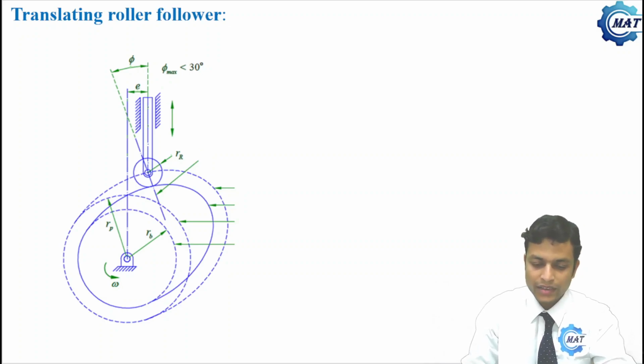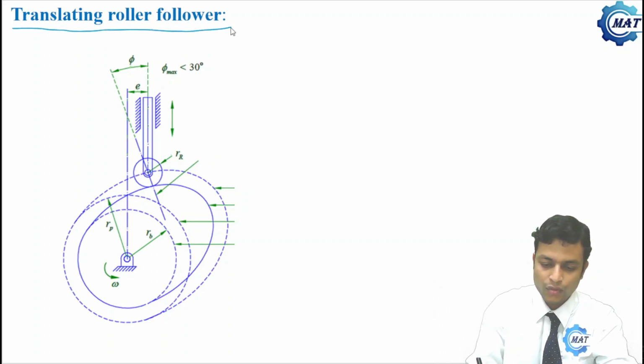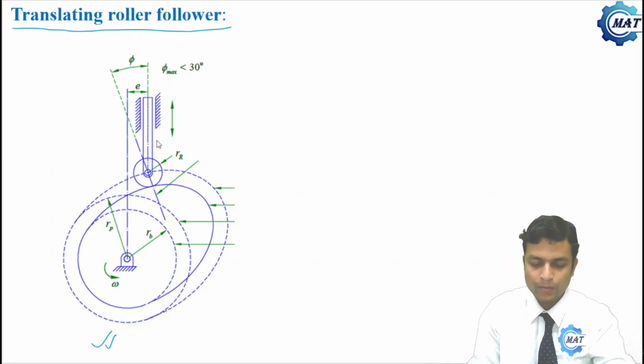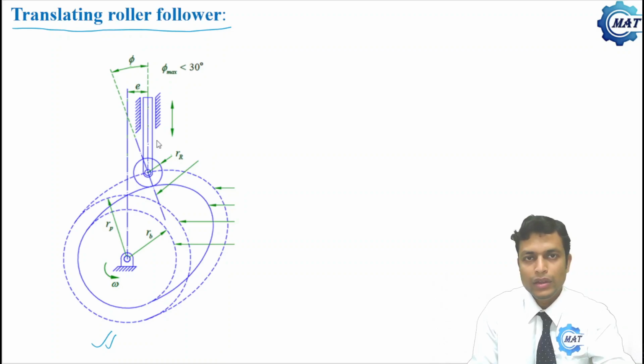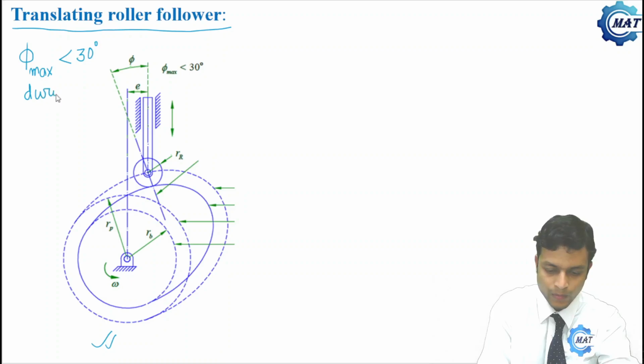Now let us determine the basic dimensions for a translating roller follower. This is a cam follower mechanism with a roller follower, and we know that during the rise period, the maximum value of pressure angle phi max must be less than 30 degrees.